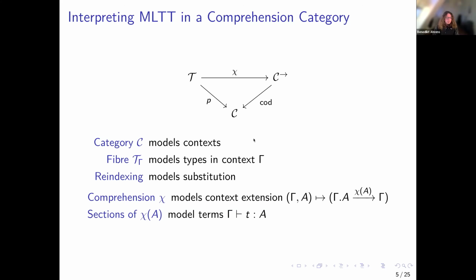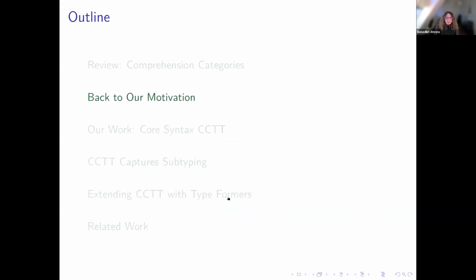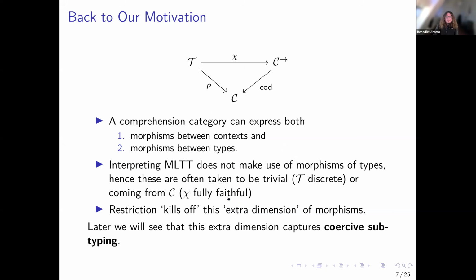We have used almost all the features of a comprehension category, but we have not talked in this interpretation about morphisms in a fiber T_Γ. That is, we have not used morphisms in T, for instance morphisms between two types over the identity on a context Γ. Now let me go back to our motivation.